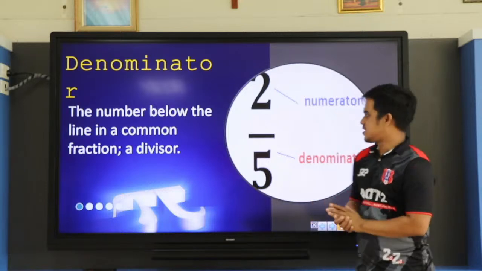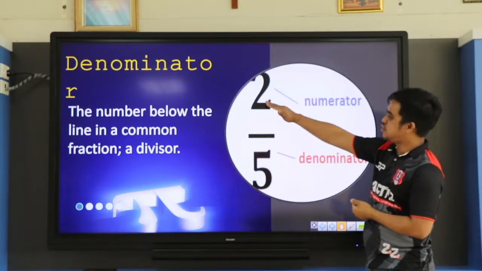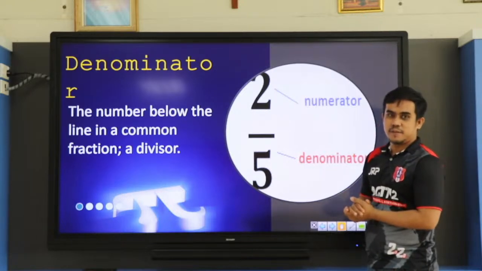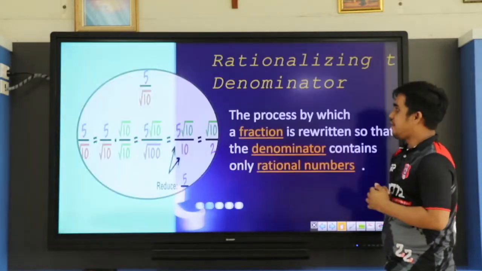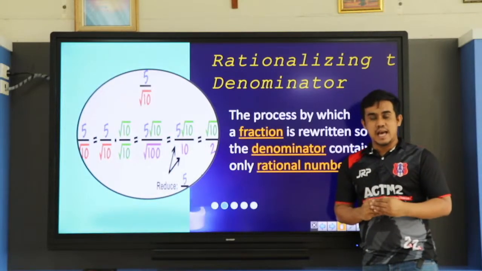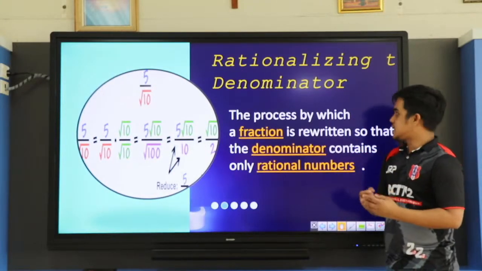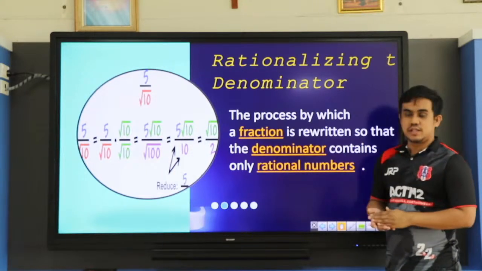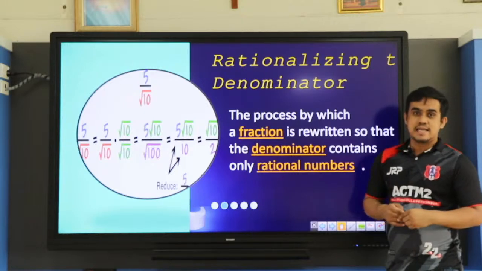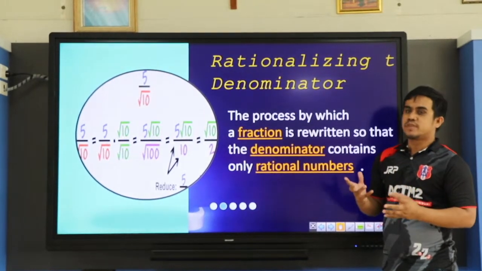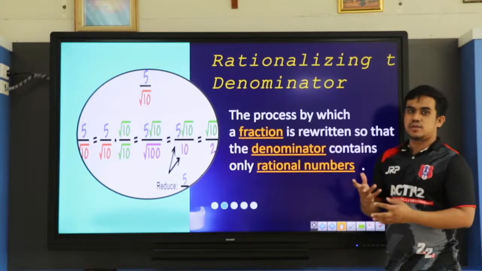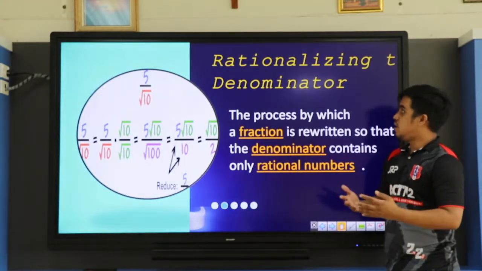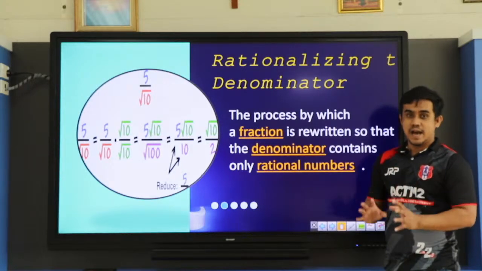If we have 2 over 5, this 5 serves as the denominator. Next, rationalizing the denominator is a process by which a fraction is rewritten so that the denominator contains only rational numbers. So from irrational, we have to make the denominator into rational numbers. That process is called rationalizing the denominator.